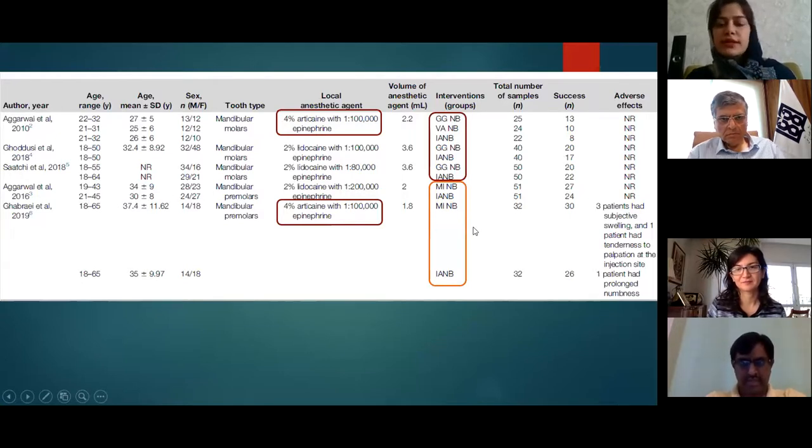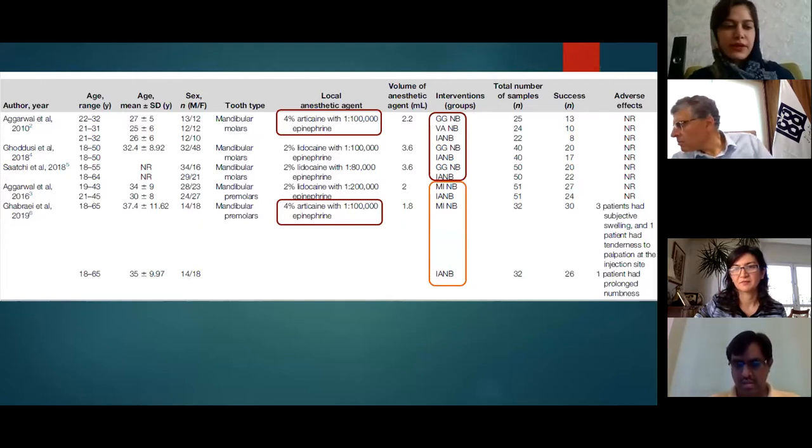2 other studies compared mental incisive nerve block with inferior alveolar nerve block, which were the studies of Agarwal and Dr. Gabrai. The adverse effect of the injection is reported in only 1 study, as you can see, the study of Dr. Gabrai.